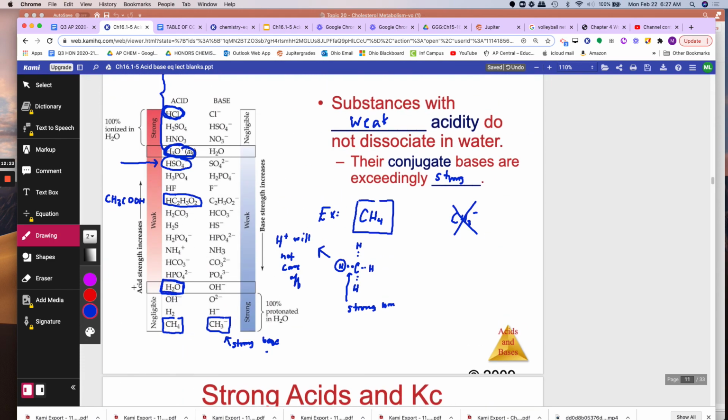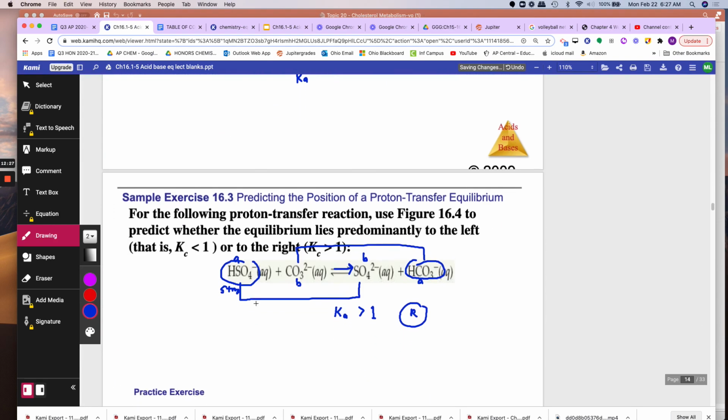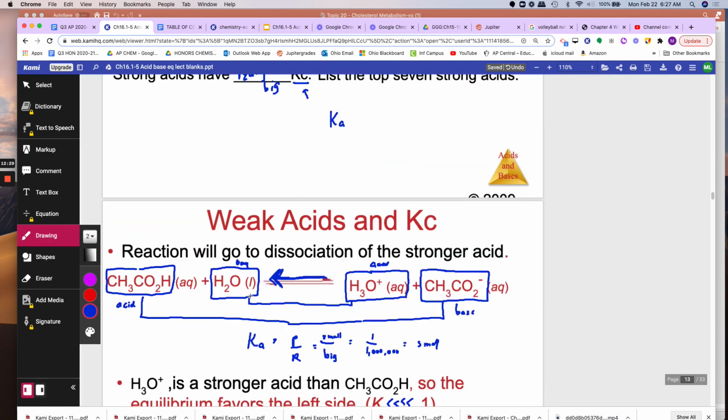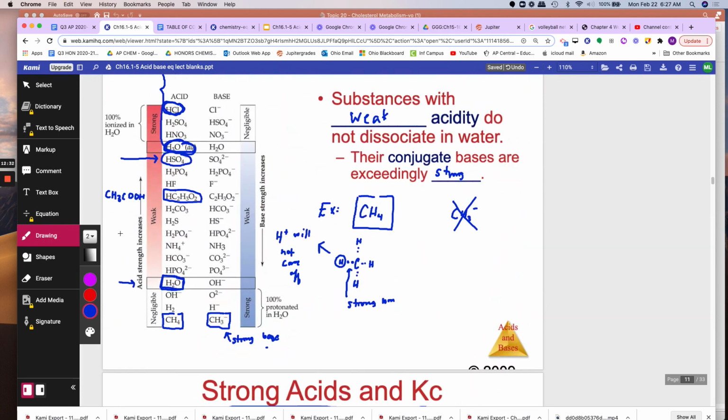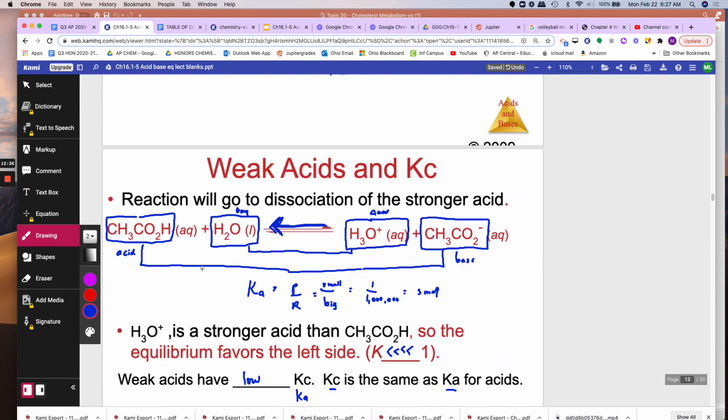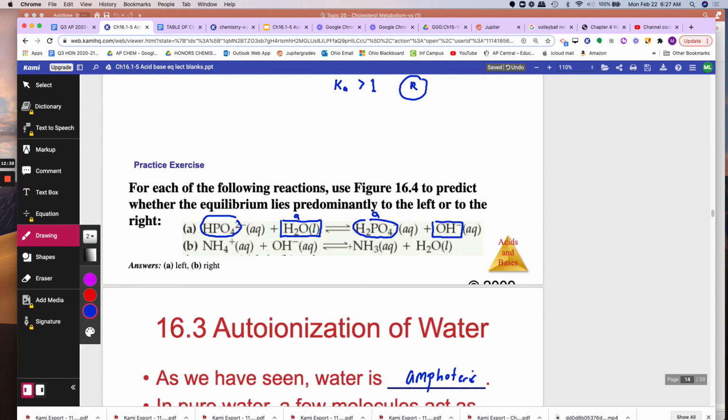Here's water and H2PO4 minus. H2PO4 minus is stronger, which means it's going to go to the left. And Ka will be less than 1.